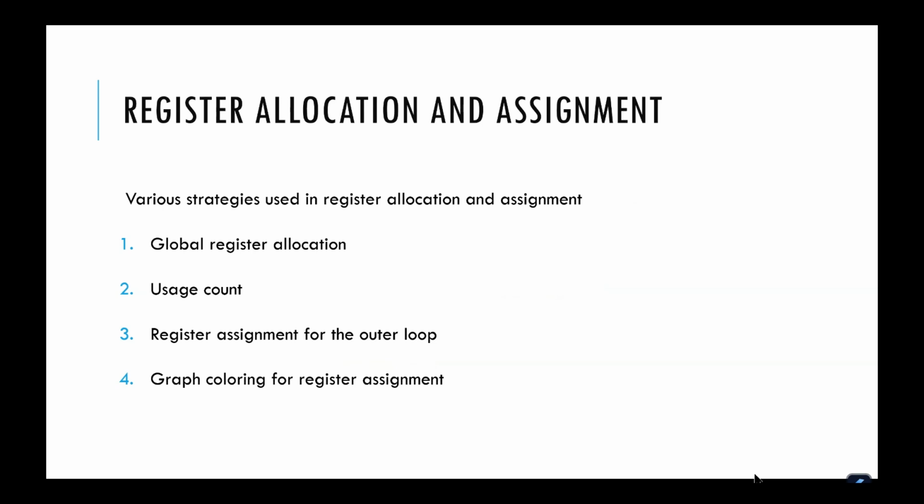There are various strategies for deciding how to use registers and what values are to be stored in the registers. The strategies are: global register allocation, usage count, register assignment for outer loops, and graph coloring for register assignment. These topics will be discussed in depth in the next video.